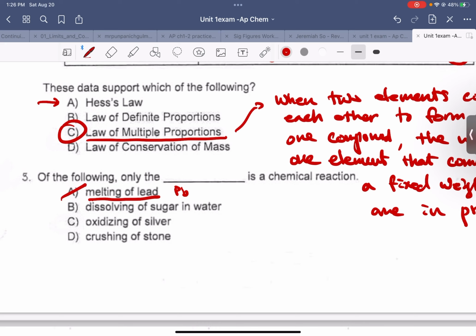Dissolving sugar, that's not chemical either, so that's also a physical change. And oxidizing silver, yes, that's basically a chemical reaction, right? Oxidizing, so it combined with oxygen. Now, crushing a stone, that's a physical change. So the answer should be C for that one.